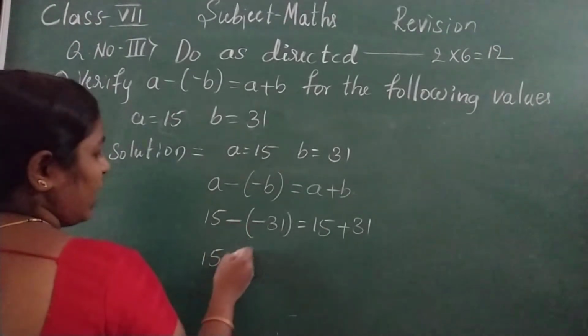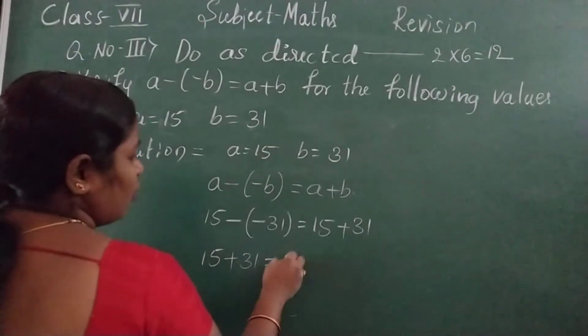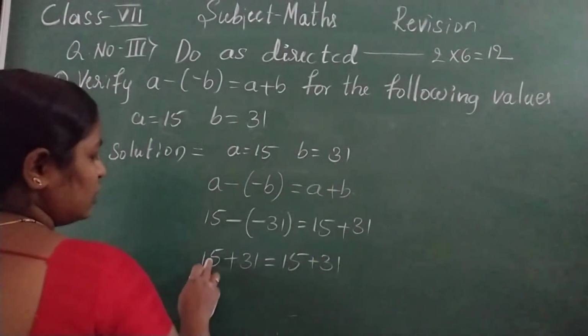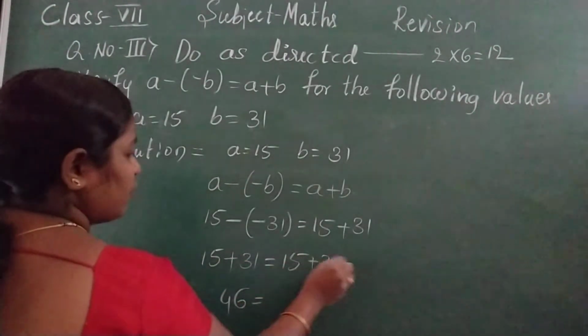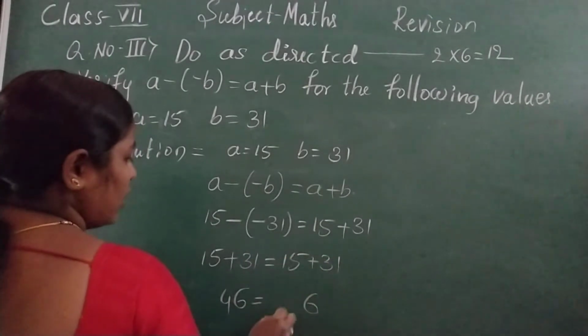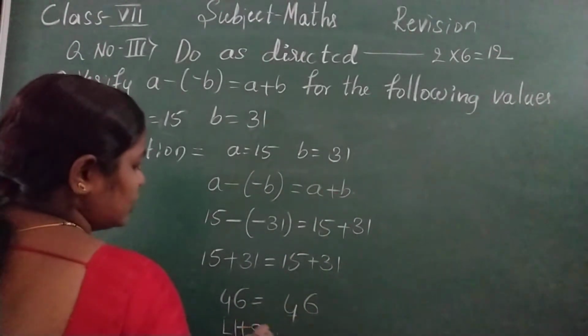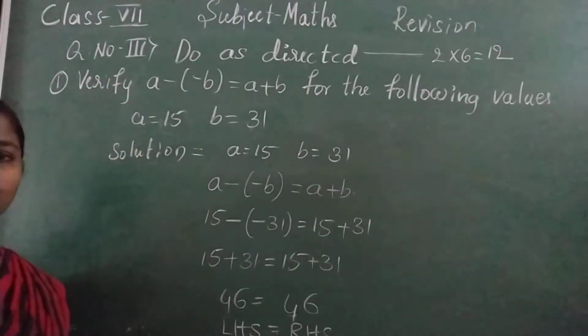Next, simplify this. 15 minus into minus, plus 31 is equal to 15 plus 31. Now go for addition. 5 plus 1 is 6, 3 plus 1 is 4. Here also 5 plus 1 is 6, 3 plus 1 is 4. 46, 46. So LHS is equal to RHS. This much you have to write.